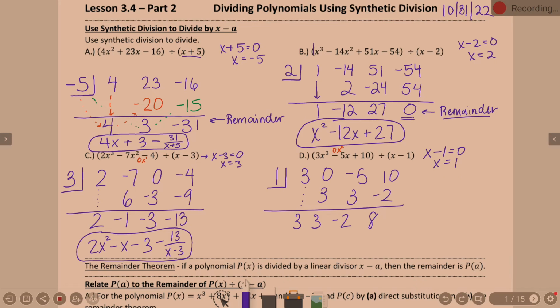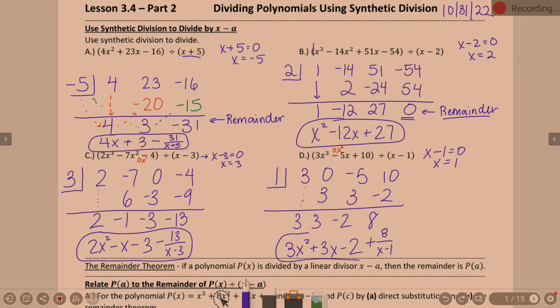Okay. What's that first 3 x represent? Squared. 3x squared. It's 1 power less. Plus 3x minus 2, plus 8 over x minus 1.